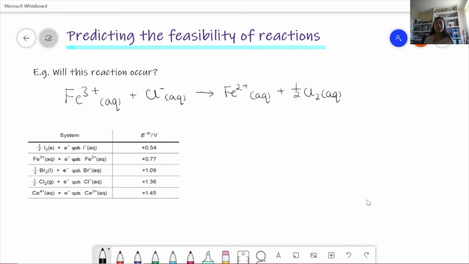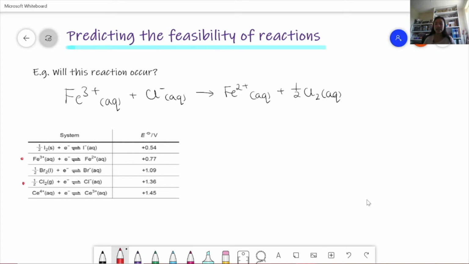We can actually predict the feasibility of reactions using these electrode potentials. So, for example, will this reaction occur? If we look at the table, we can work out what gets reduced and what gets oxidized. So if we connect up this Fe3 plus Fe2 plus half cell to a Cl- Cl2 half cell, we're using this equation and this equation.